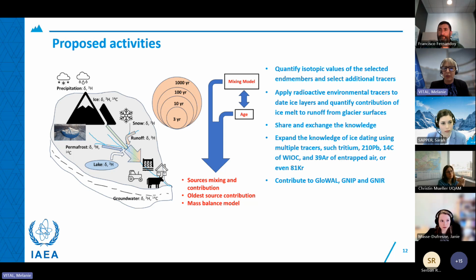We will expand the knowledge of ice dating using multiple tracers, for example, tritium, and we will also include other tracers, for example, argon-39. We will contribute to the global GNIP and GNIR networks.